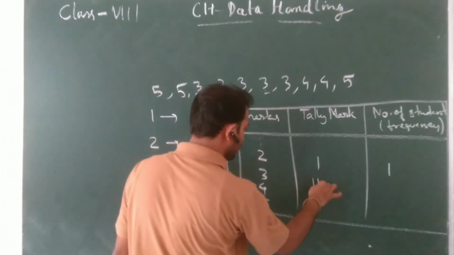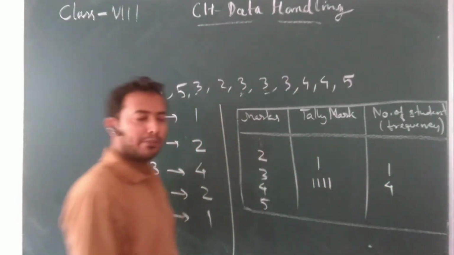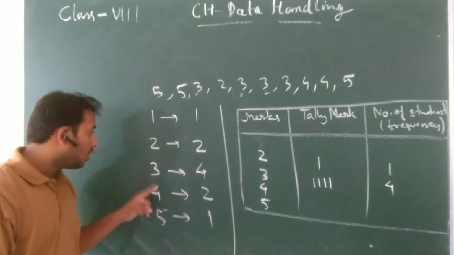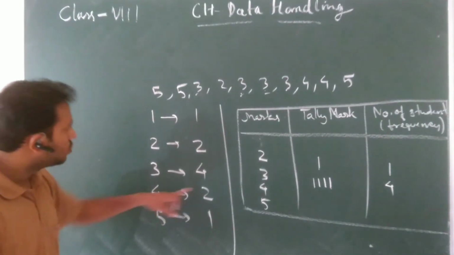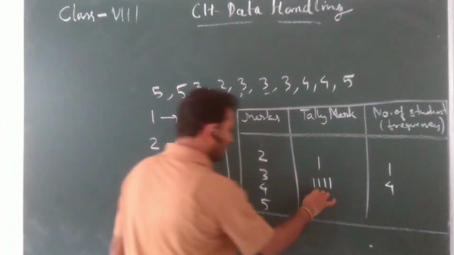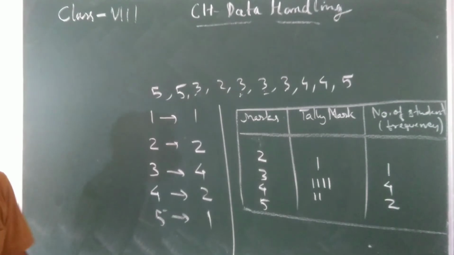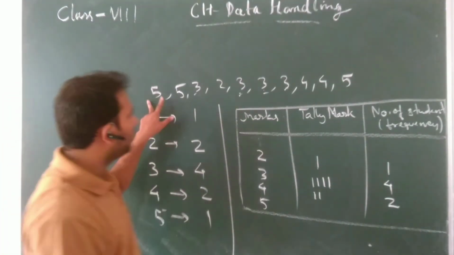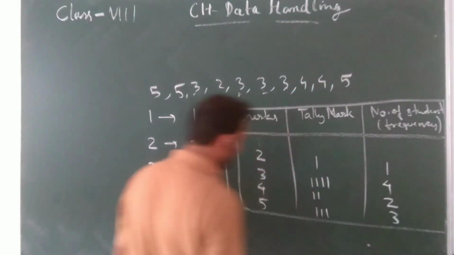So we write 4 here. Next, how many students have got 4 marks? 2 students, so here we write 2. And for 5, how many students? 1, 2, 3. Here we write 3.